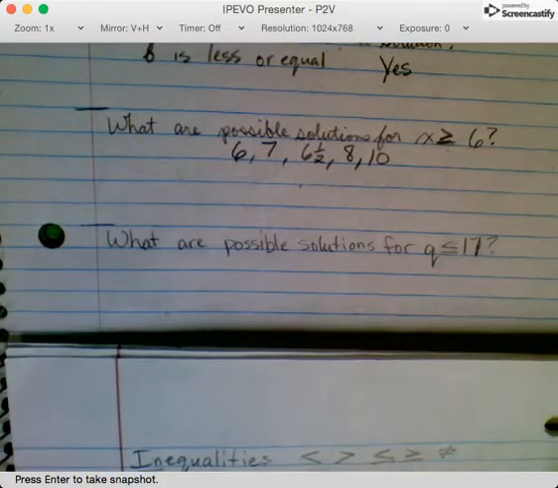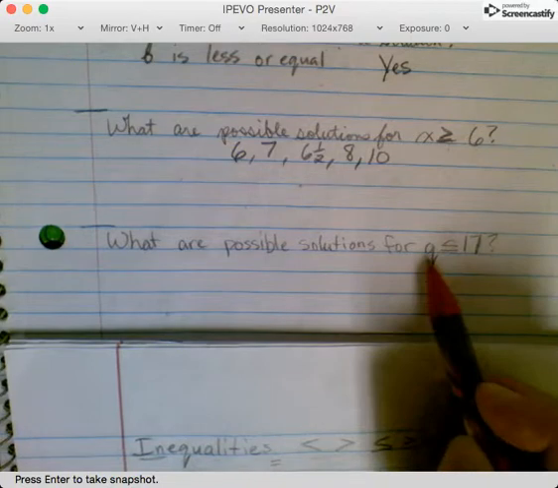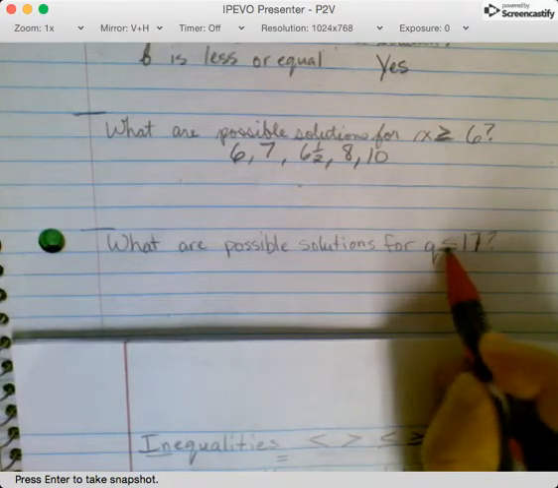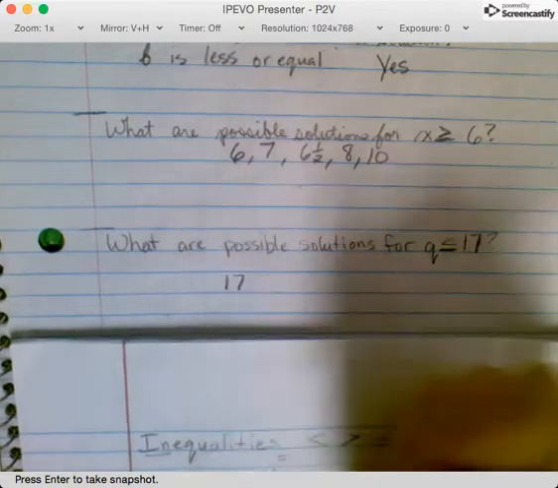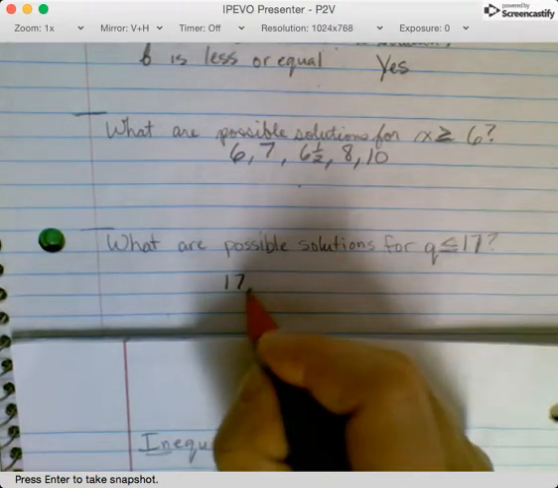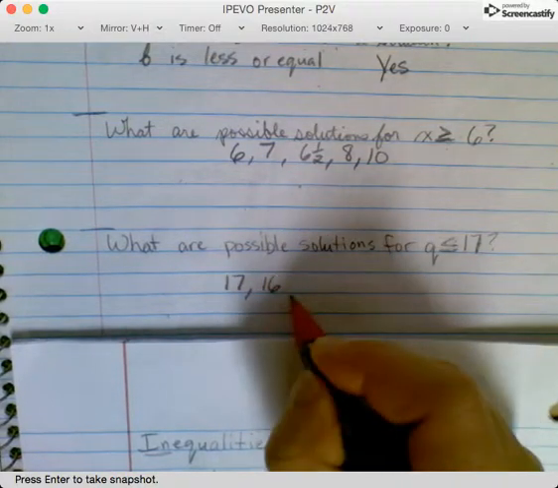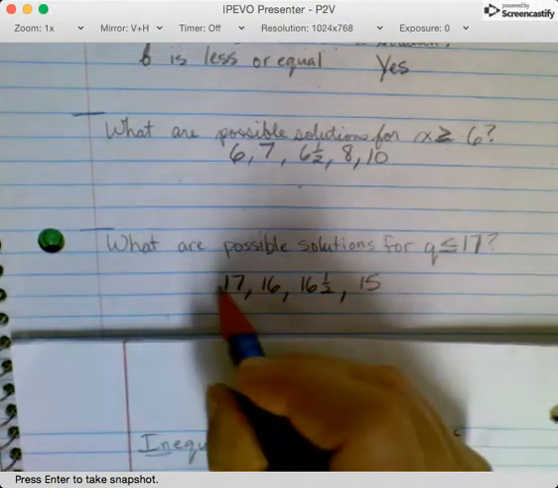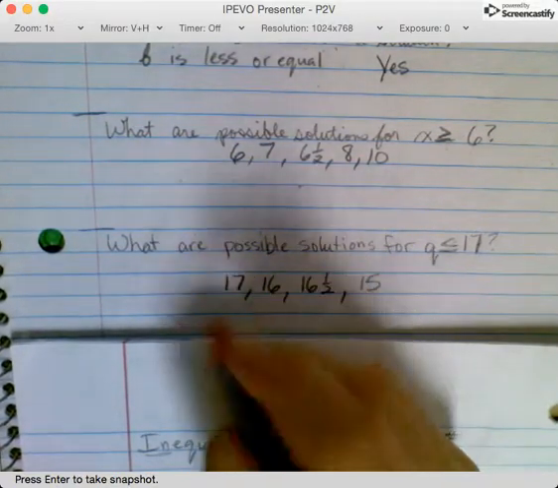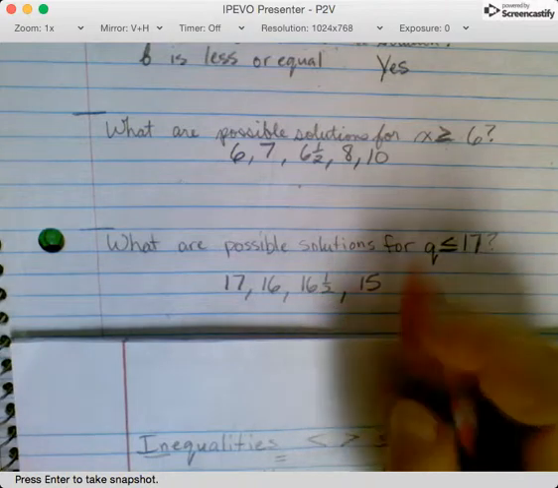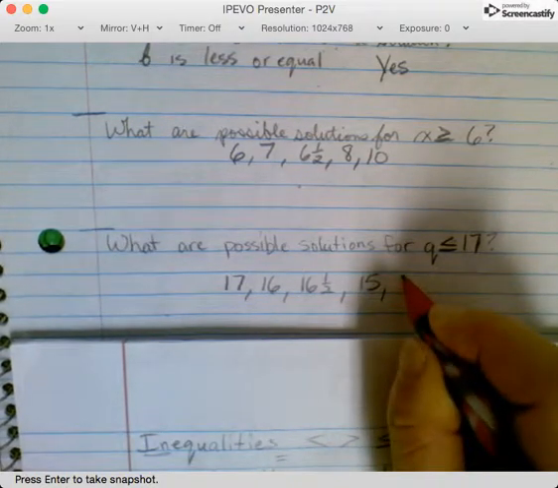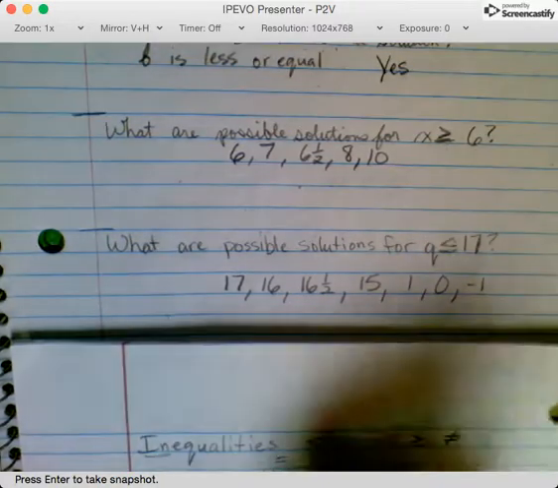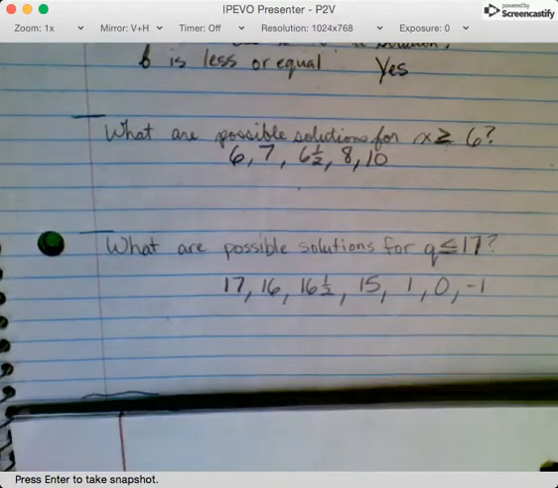What are possible solutions for q is less than or equal to 17? Again, this has the or equal to sign, so it could be 17. It's got to be smaller than 17, so it could be 16, 16.5, or 15. It could not be 17.5, because that is bigger, so don't get confused there. It could be 1, it could be 0, it could be -1. All of those are possible solutions.